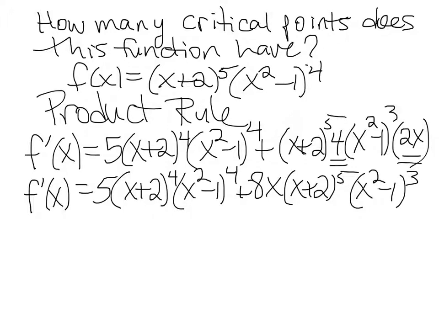Notice that both terms have an x + 2, in one case to the fourth, in one case to the fifth, and x^2 - 1 cubed and x^2 - 1 to the fourth. So let's factor those out.